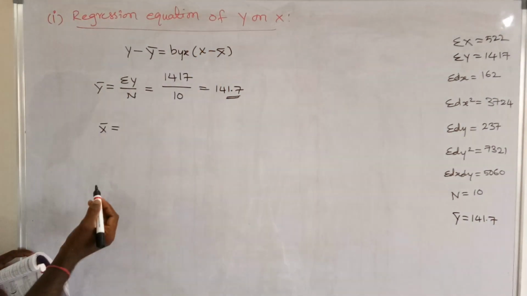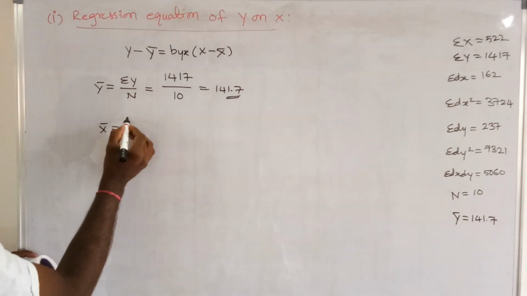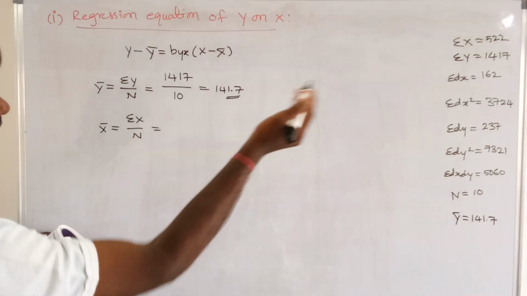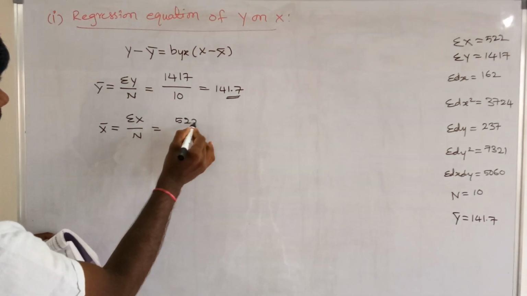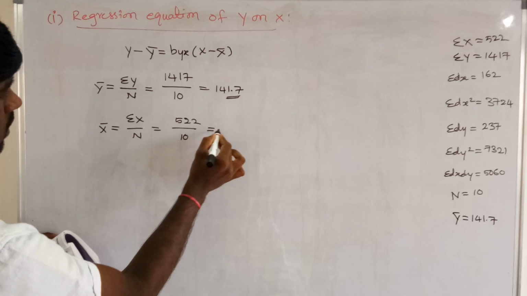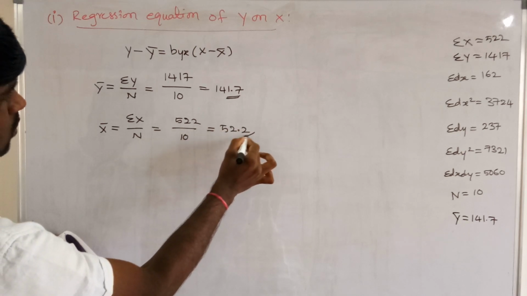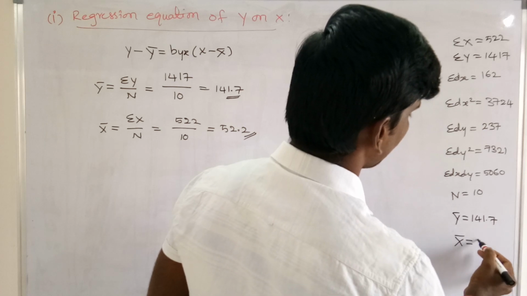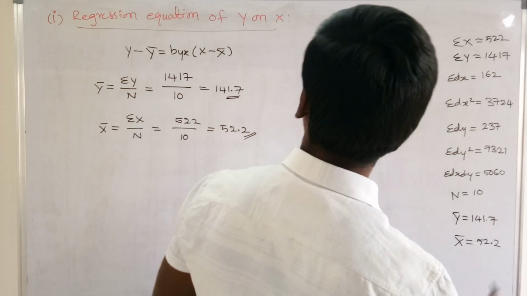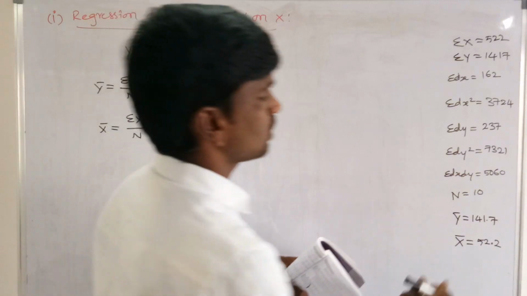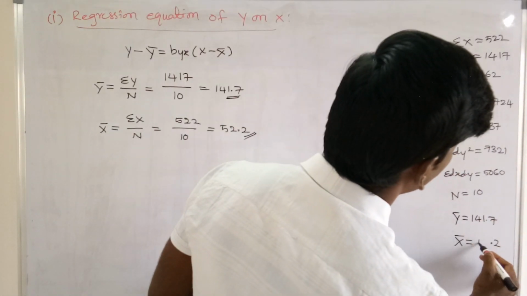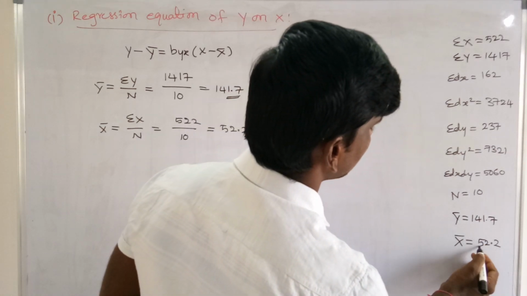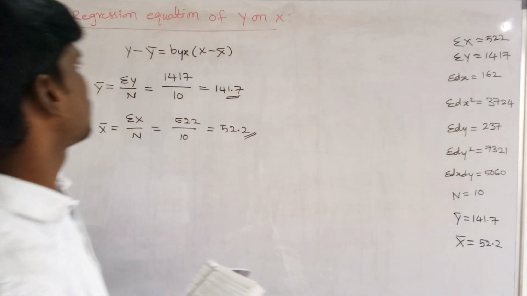Then again we have to calculate x bar. X bar is equal to summation of x divided by n. Already we have the summation of x, that is 522, divided by n, 52.2. So 52.2 is the mean of x.